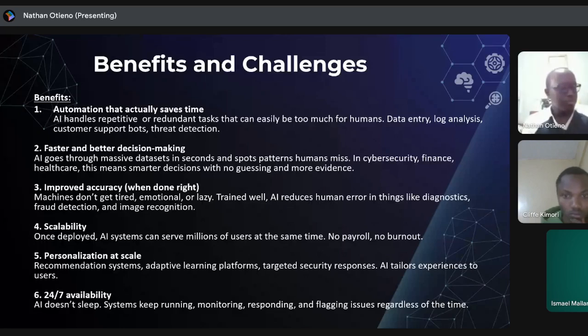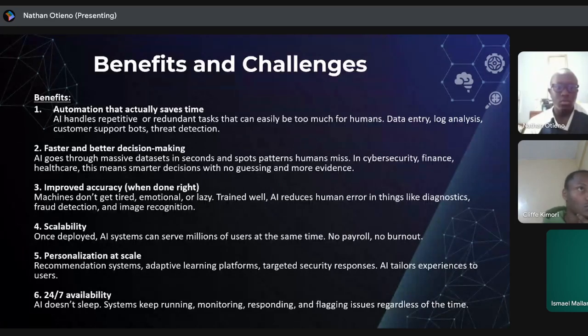So the first benefit, automation that actually saves time. AI handles repetitive or redundant tasks that can easily be too much for humans. Data entry, log analysis, customer support, bot threat detection.